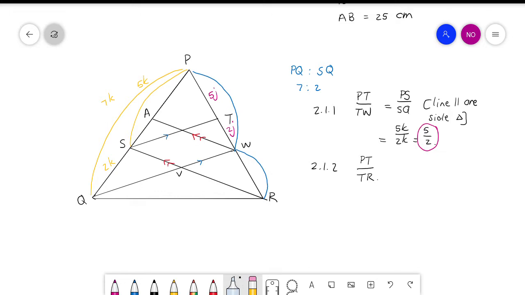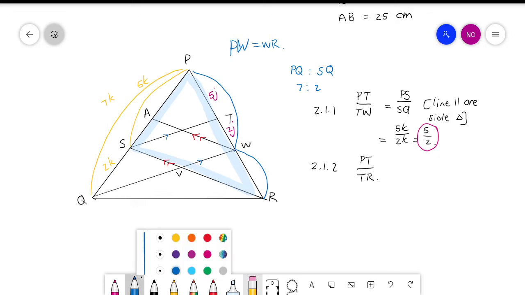So now check in this triangle. What do we know in that triangle? What did I tell you guys while you weren't listening? PW equals WR. So what is PW in terms of J? And then we have everything we need.